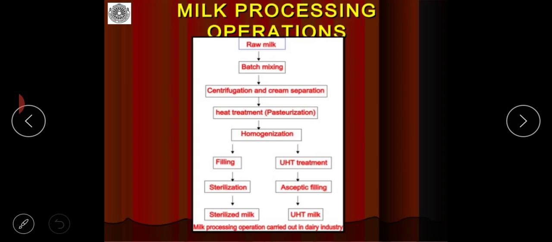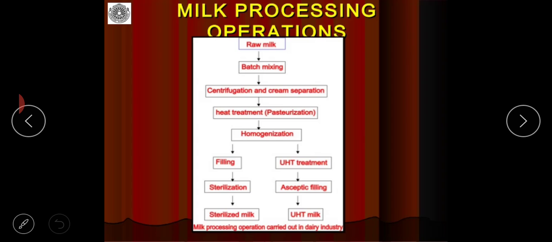A brief look at the milk processing operations. Once the raw milk is collected, it is subjected to batch mixing, then to centrifugation and cream separation, then to heat treatment, that is pasteurization, and then to homogenization.